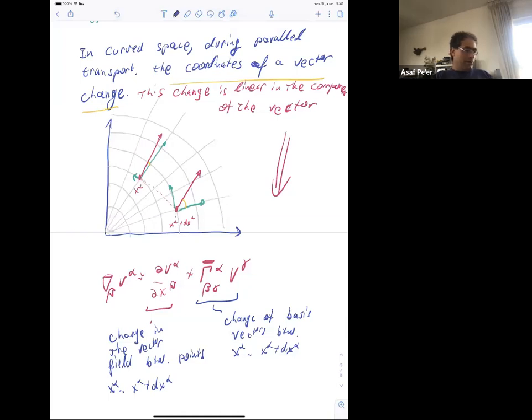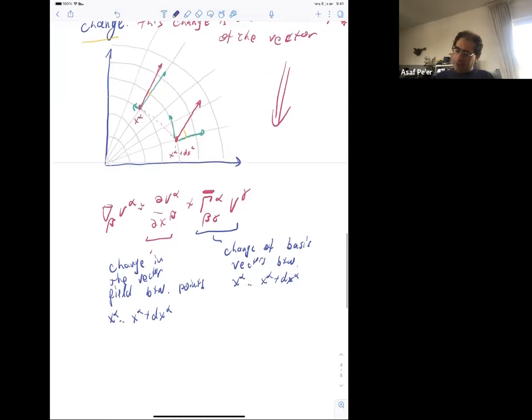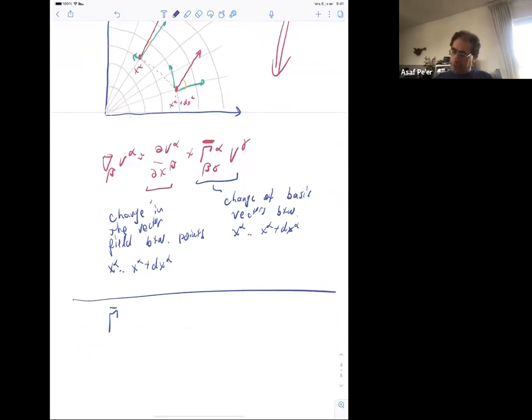And now I go back to your point. This gamma bar is going to end up being exactly the gamma, the affine connection. Why? Because, going back to your point, look at the geodesic.